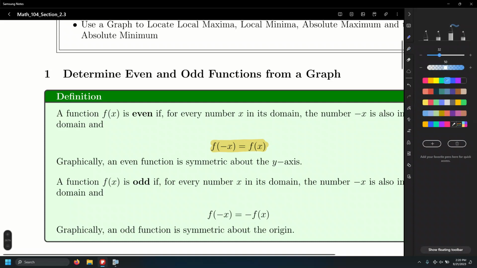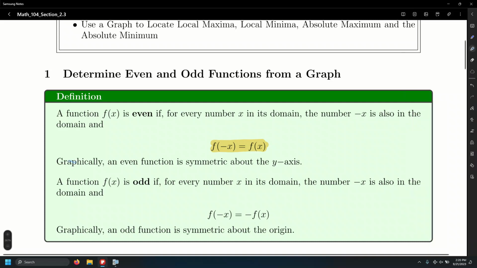Well, an even function is a function that is symmetric about the y-axis. In other words, you can think of the y-axis as a mirror, and you will see the same graph on both sides of that mirror. If you can see the same picture on both sides, then the graph is representing an even function.